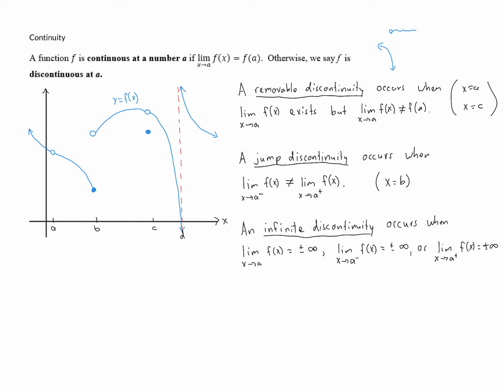The function was just disconnected there and fine. This still counts as an infinite discontinuity because in one direction, at least, that graph is going down towards infinity. And of course, in this problem, that occurs at x equals d.